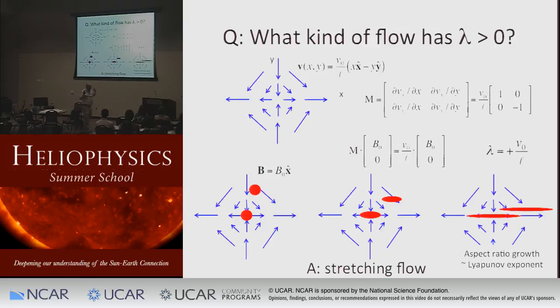And the reason that it's useful to think of it that way is if I took a little blob of paint and put it in this flow, and it was circular to start with, the flow would stretch that blob of paint until it was long and thin. Does everyone see that? So it squishes the paint in the y direction and stretches the little paint blob in the x direction. So essentially, any flow that would mix up blobs of paint has a positive eigenvalue and will amplify magnetic fields.